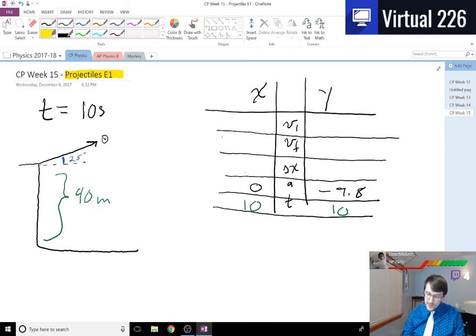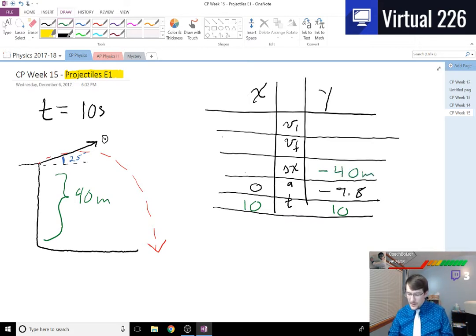Which means that as this bagel begins its descent, it fell 40 meters. So we know delta y, negative 40. If you look at this setup here, that's the only information we know. But we still have 3 things in our y column. They're not the normal 3 things we have in our y column, but we still have 3 things.